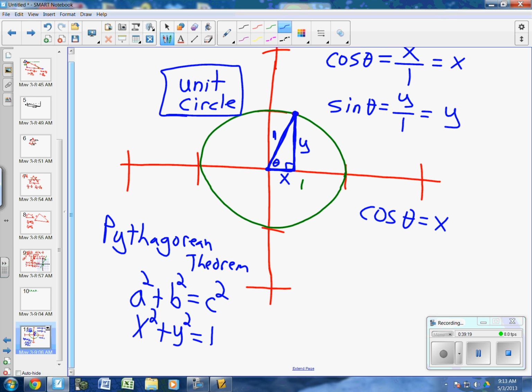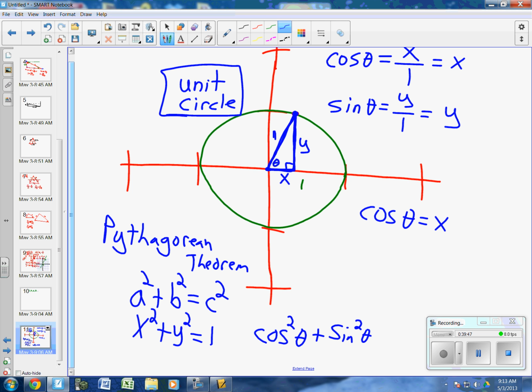Now, since we just learned that x is the cosine and y is the sine, can we substitute those in there? We're going to put theta. Cosine x is equal to cosine of theta, right? So we substitute that in there. Y is equal to sine of theta, right?